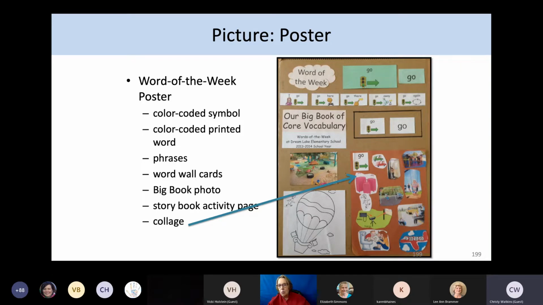Each day that we do a Word of the Week activity, something new gets added to this big poster. So each time we have a new Word of the Week, a new poster is made. Some teachers like keeping their posters from the previous week displayed around the room. Others think it's just too much clutter. I'll leave maybe 1 or 2 weeks up, but then I have to rotate them off.